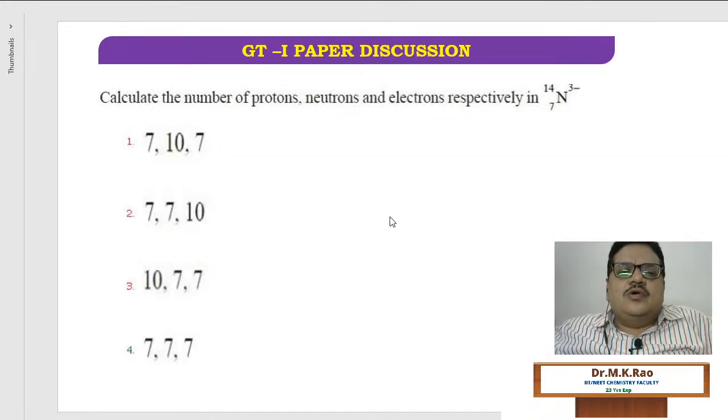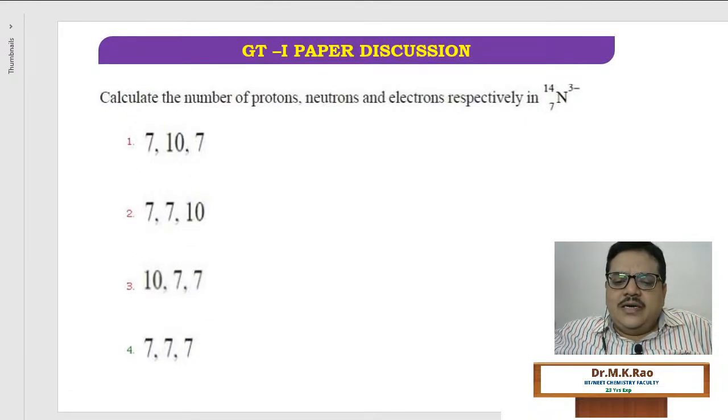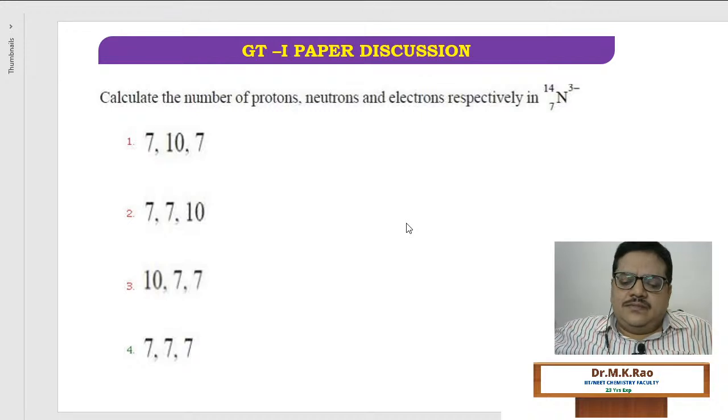Calculate the number of protons, neutrons, electrons present in nitride ion. Nitride ion, that's what they are asking you. So, how to calculate the number of protons, neutrons, and electrons in the nitride ion?